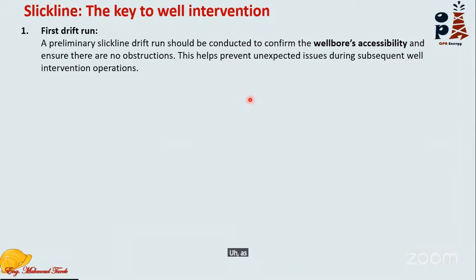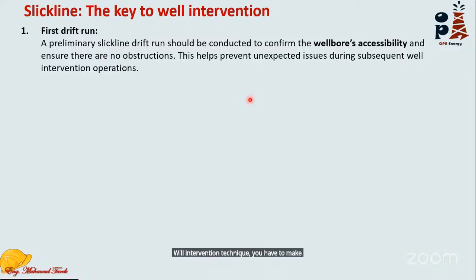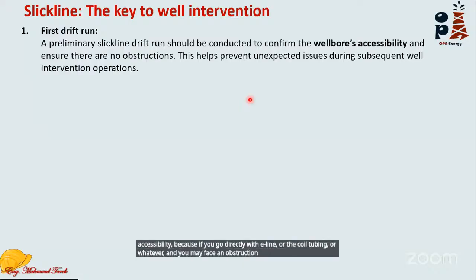Before any operation, coil tubing, slickline itself, E-line, before any well intervention technique, you have to make a drift run by the slickline. It will give you the well bore accessibility. Because if you go directly with E-line or coil tubing or whatever, you may face an obstruction. This obstruction may make a stuck tool downhole, and this will lead to a fishing operation and so on.